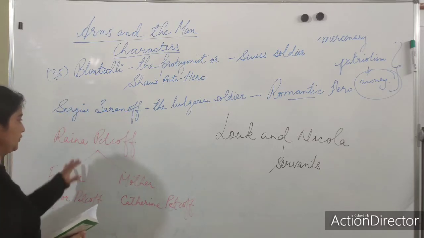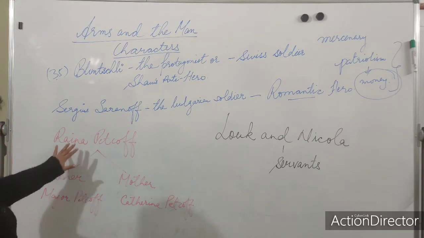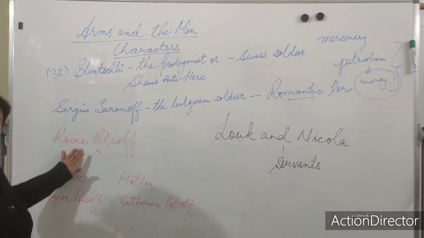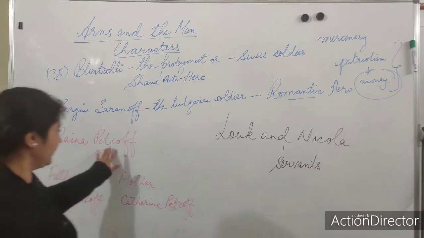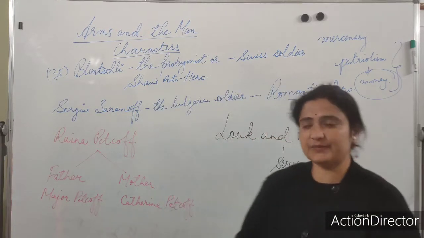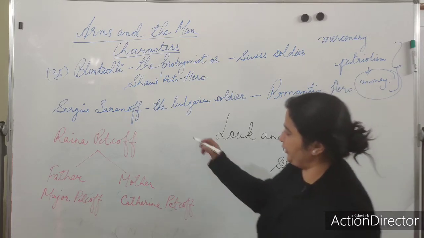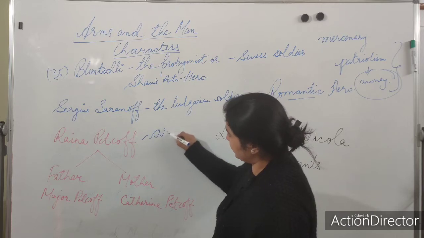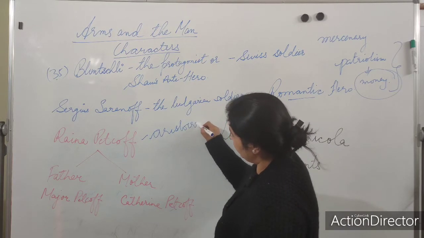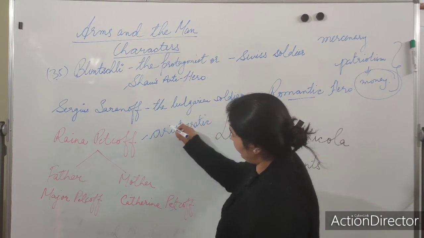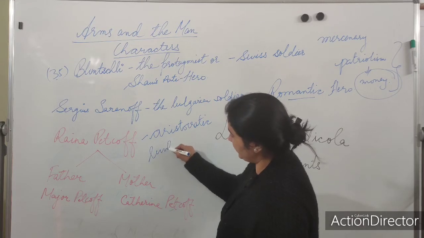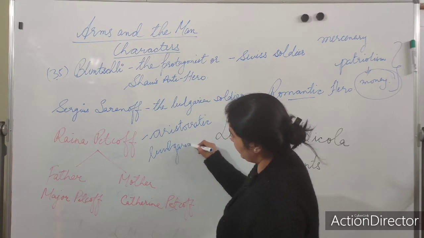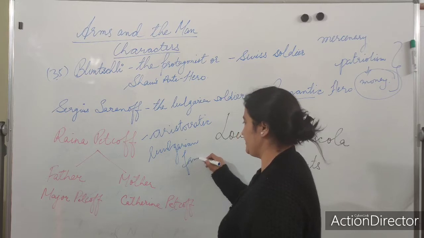Next, let me talk about Raina. Raina, the heroine of the play, Raina Petkov. This Petkov family is, what should I say, an aristocratic Bulgarian family, right?